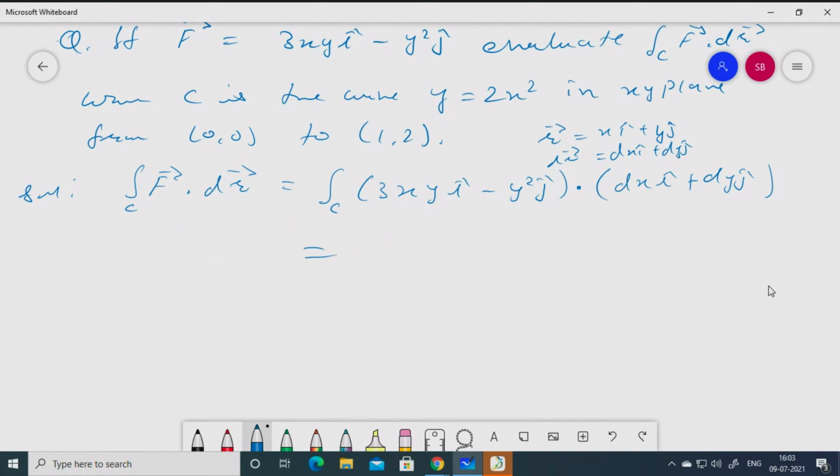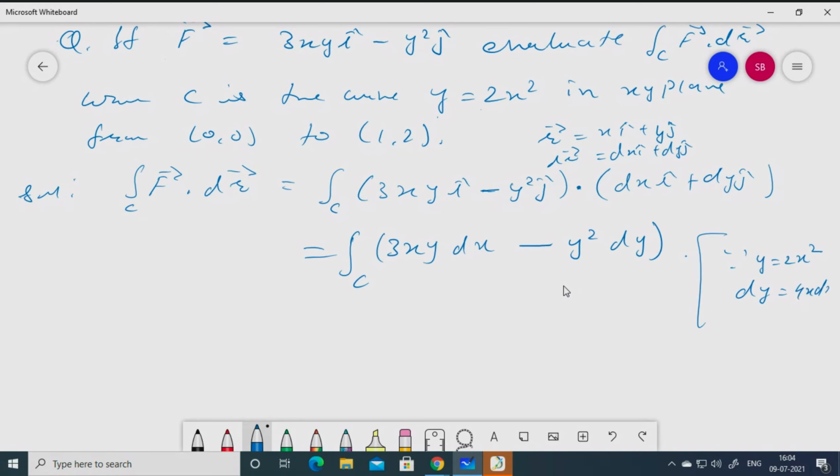So now simplify it. You are taking the dot product, so you will get the integral over C of 3x dx minus y square dy. Understood? Now, since it is given y is equal to 2x square, wherever y appears you write 2x square, and for dy you will get 4x dx.